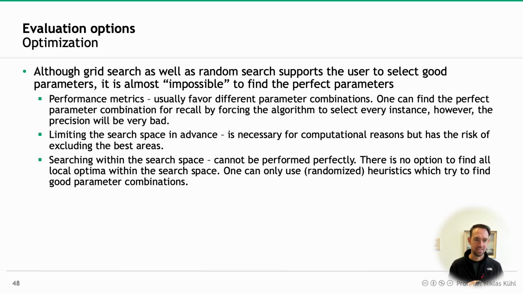You have to limit yourself in the search space in advance, either when you're using grid search, the range that you're interested in, or random search, the budget that you set to it. So there is a limit to it. And so you will probably never find the global optima from an operations research perspective, but still doing this is important.